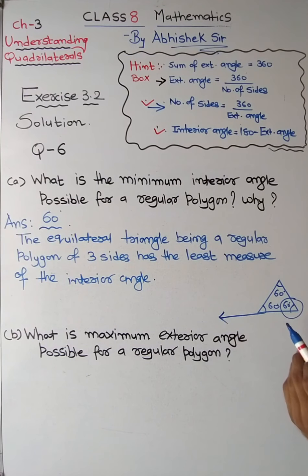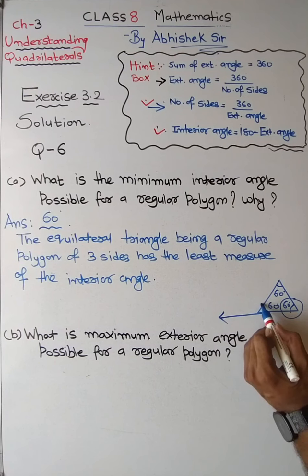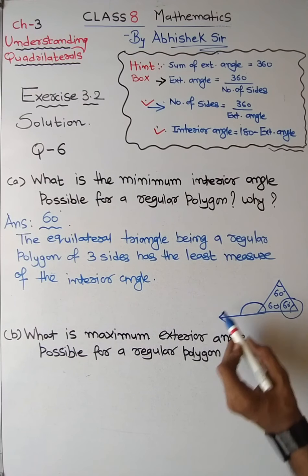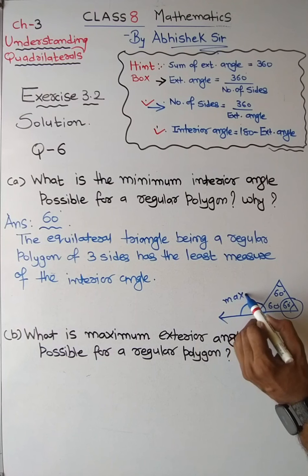If the minimum interior angle is 60 degrees, then the exterior angle will have the maximum value, right?